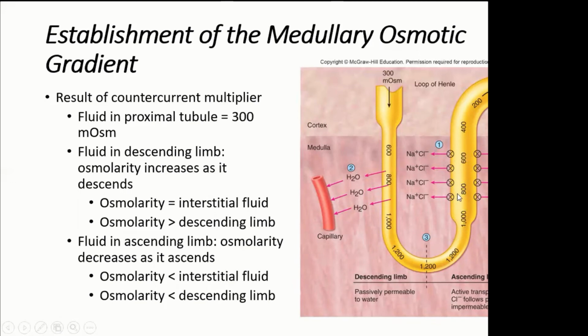Even though it doesn't have that much water anymore, as we remove solutes, it's getting less salty again, not because we're watering it down, but because we're removing some of those solutes that were making it highly osmolar. So that osmolarity of the fluid goes back down as we come back up into the cortex. And then here, back up in the cortex, is where we go into the distal tubule and lead into the collecting duct.